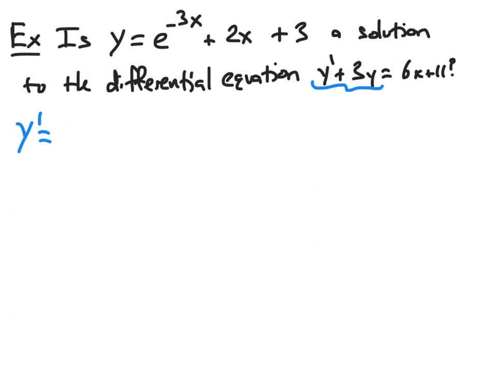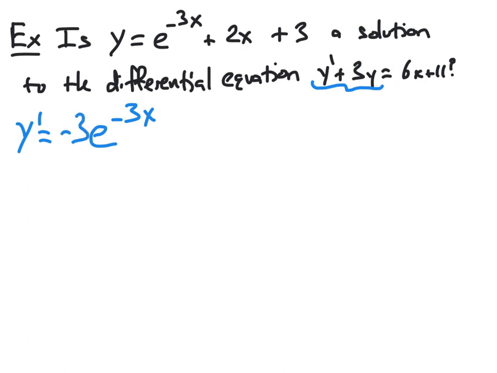This is just the derivative of our given function here, and we'll do that term by term. So we start with the derivative of e to the negative 3x. We know the derivative of an exponential is the function itself, so e to the negative 3x. But then by the chain rule, we have to multiply by the derivative of the exponent, negative 3x, which is negative 3.